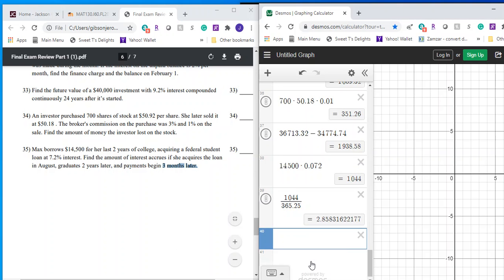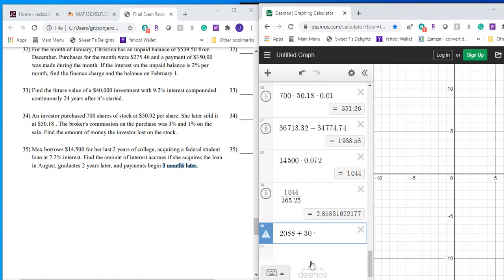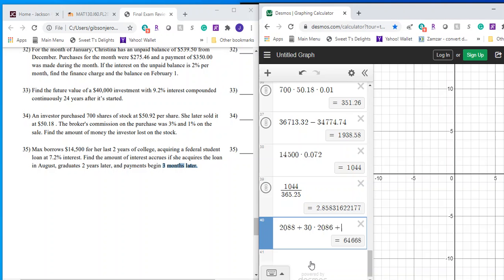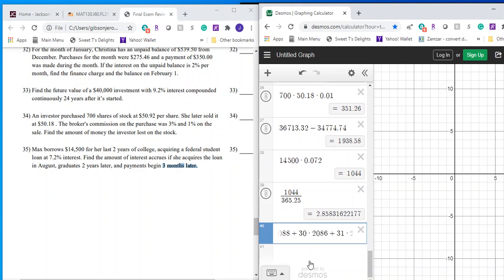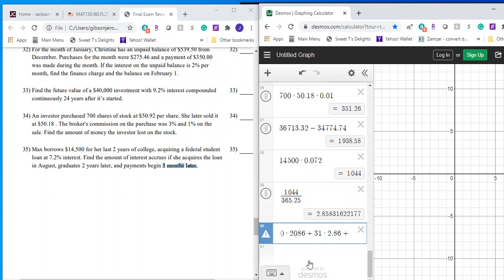So we have 2,088 plus 30 times 2.86 plus 31 times 2.86 plus 30 times 2.86.